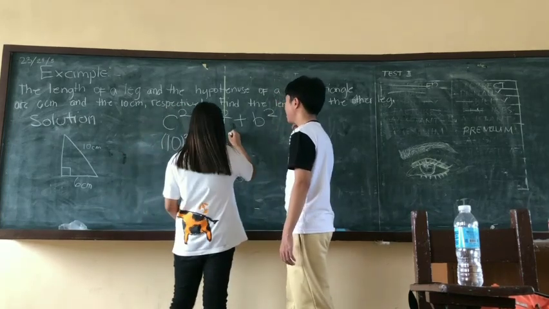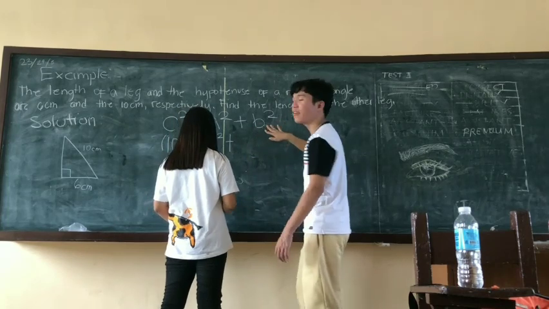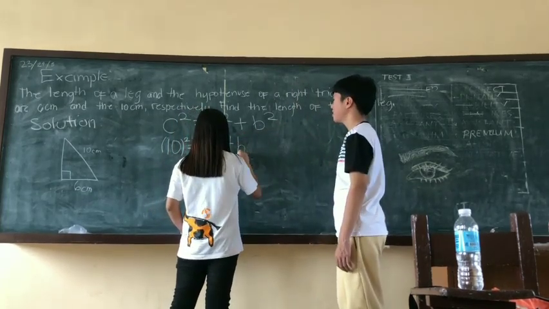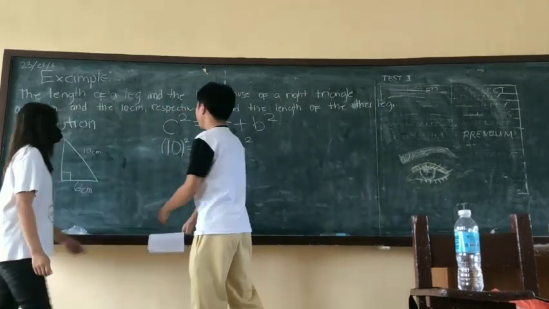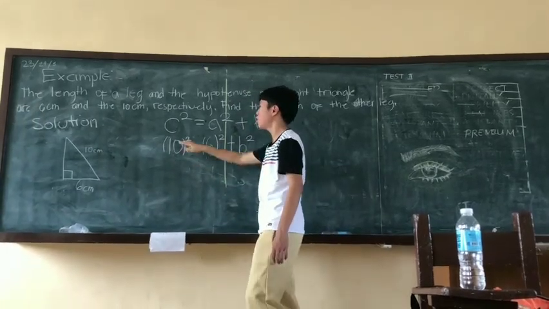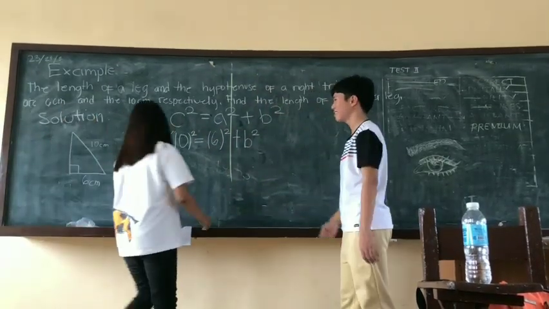Plus, our opposite is the unknown, so we're looking for the opposite side. Square the 10 and the 6, the hypotenuse and the adjacent. Can you do it for me?